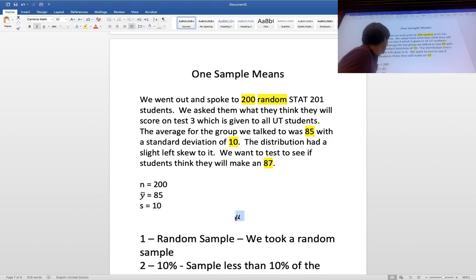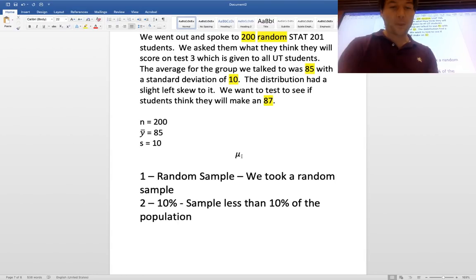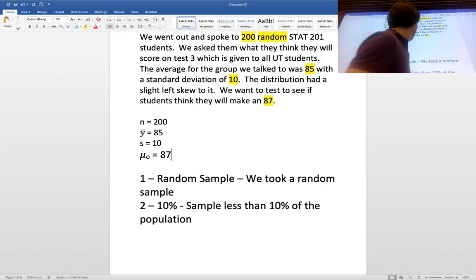Go all the way back up here and grab our symbol, mu naught, and copy that. Mu naught is the hypothesized value. Let's bring it back down to right here and paste. Done. Mu naught equals what? 87. And then I think we have it.